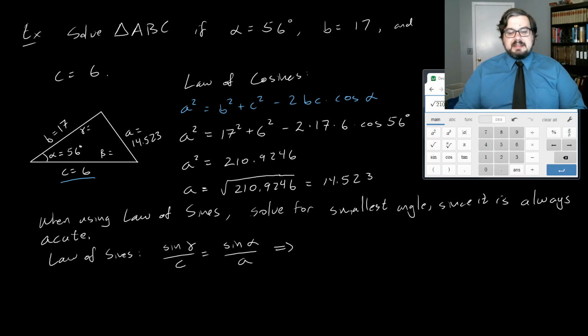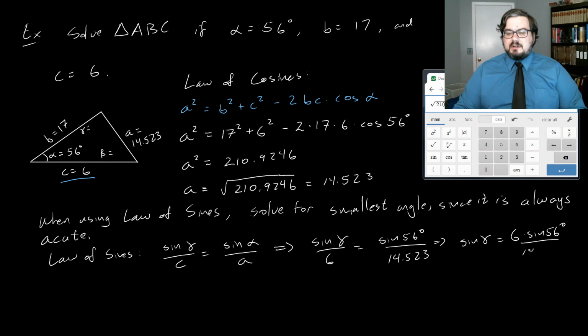So this means that sine of gamma over 6 is going to be sine of 56 degrees over 14.523. And so from here we can get that sine of gamma is equal to 6 times sine of 56 degrees over 14.523.